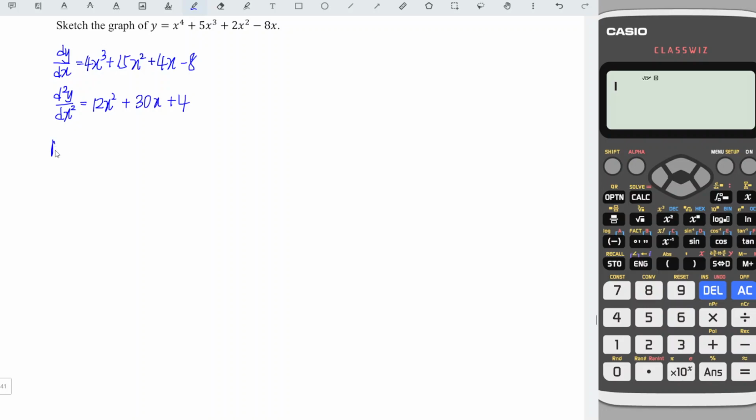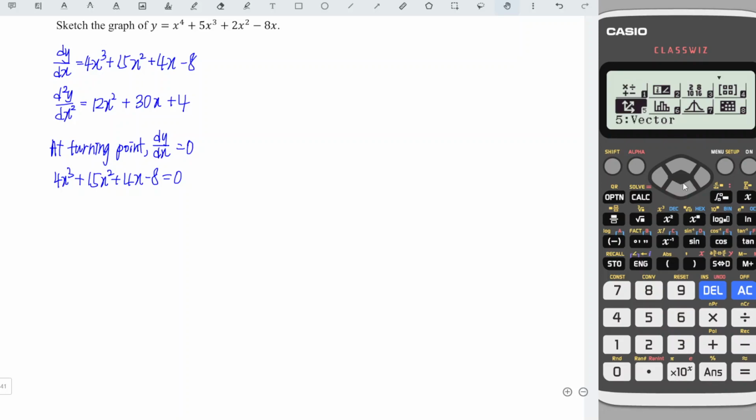Next, we know that at the turning point, dy/dx is equal to 0, which means that 4x cubed plus 15x squared plus 4x minus 8 is equal to 0. We can make use of factorization, long division, or synthetic division to obtain the roots, or simply make use of the calculator.